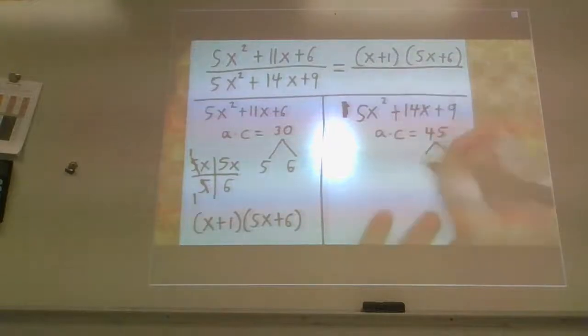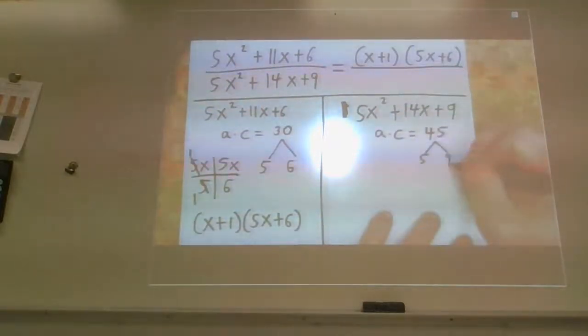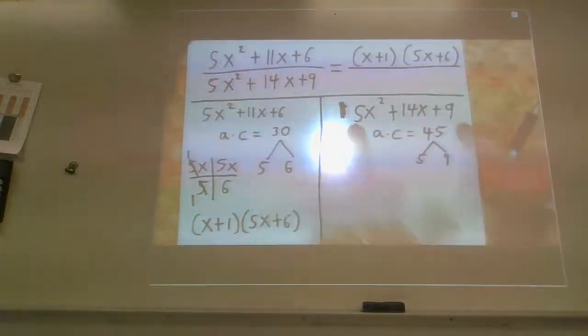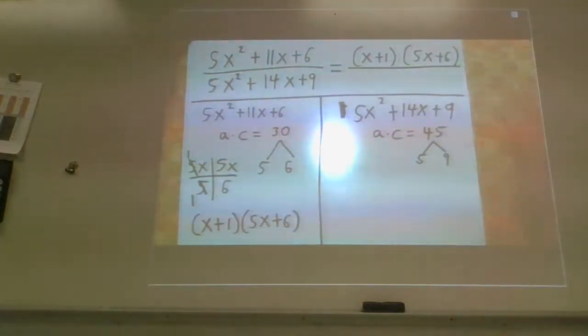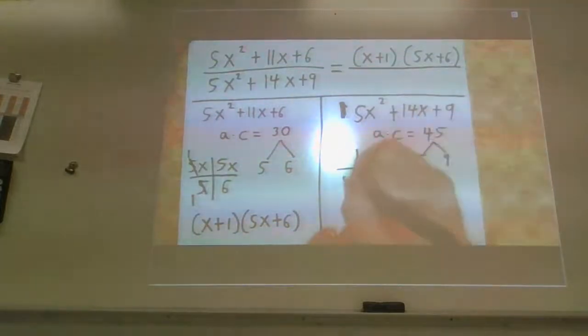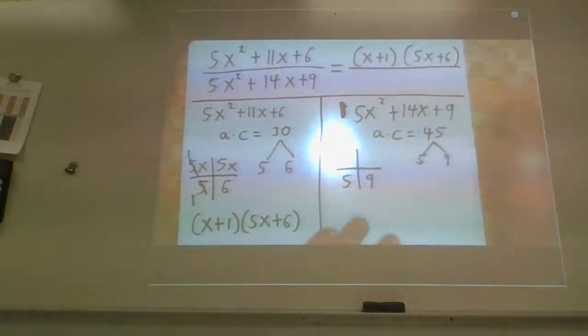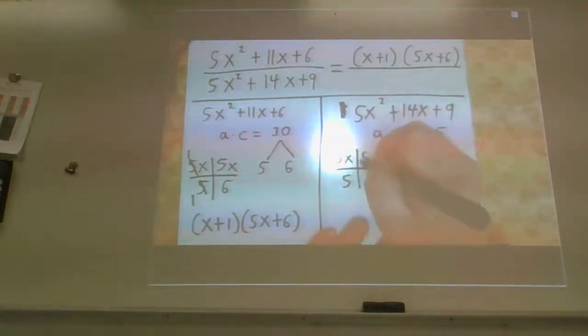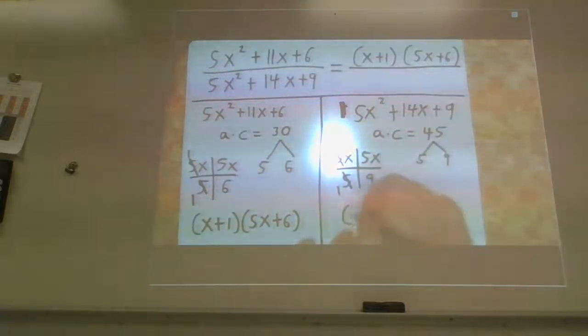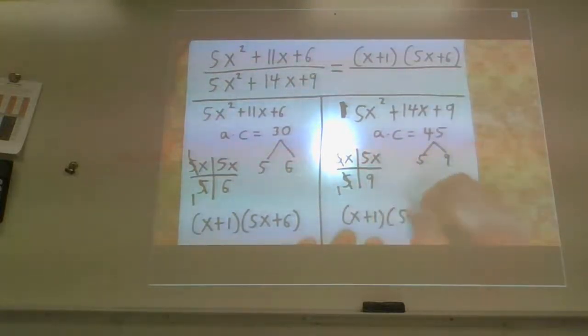In this case, coincidence, it's just 5 and 9 again. That does not always happen. T-chart, 5 and 9, 5x and 5x. Simplify that down. It becomes x plus 1, 5x plus 9.